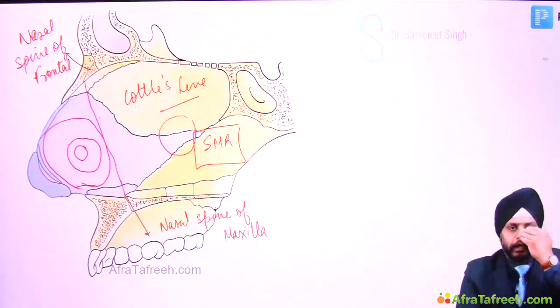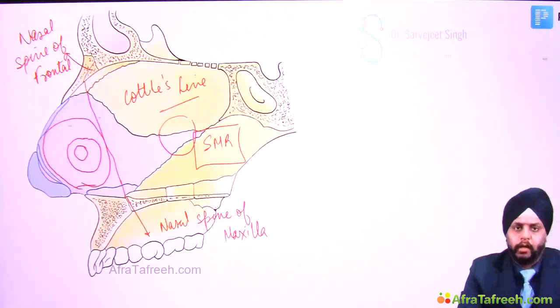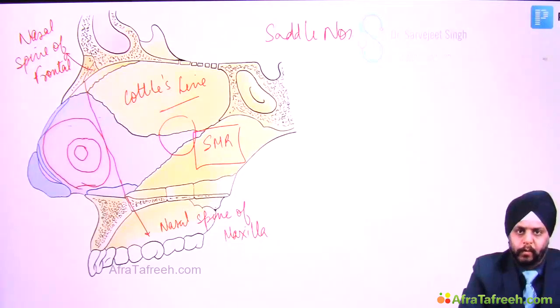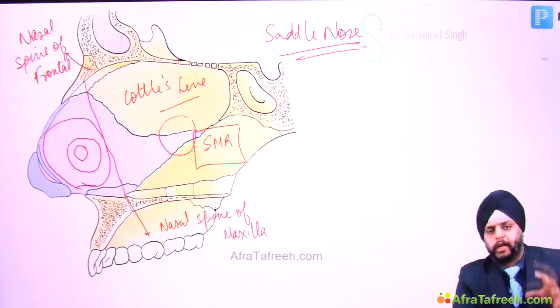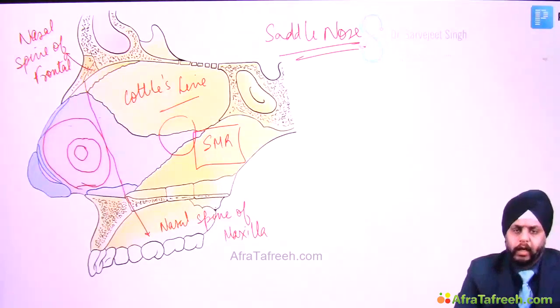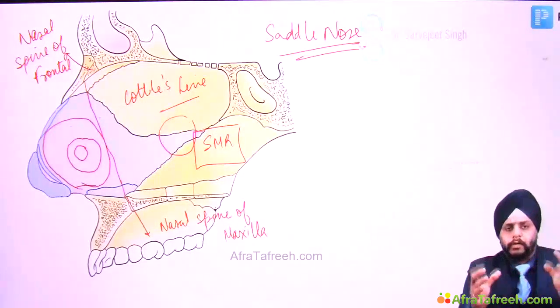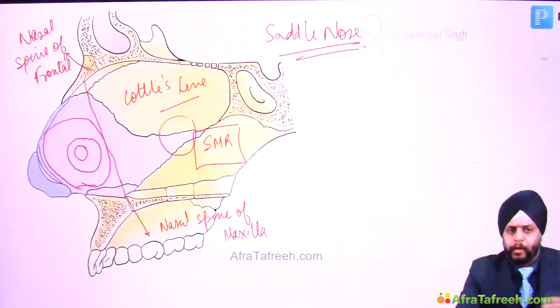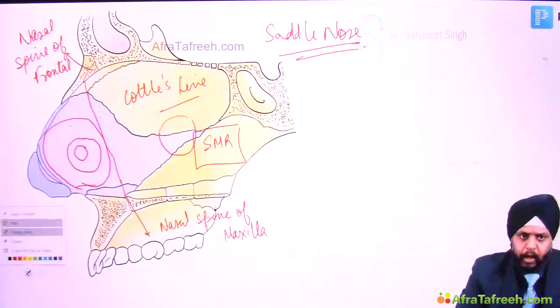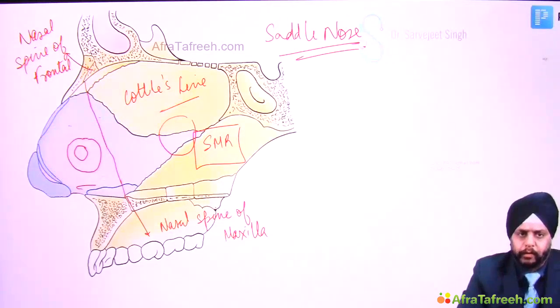In that case, we'll have a condition known as saddle nose. We discussed saddle nose earlier in the external nasal disorders. We'll have a saddle nose only when the septal cartilage is necrosed completely and we have a very, very big septal perforation. Generally we do not have such a big septal perforation.